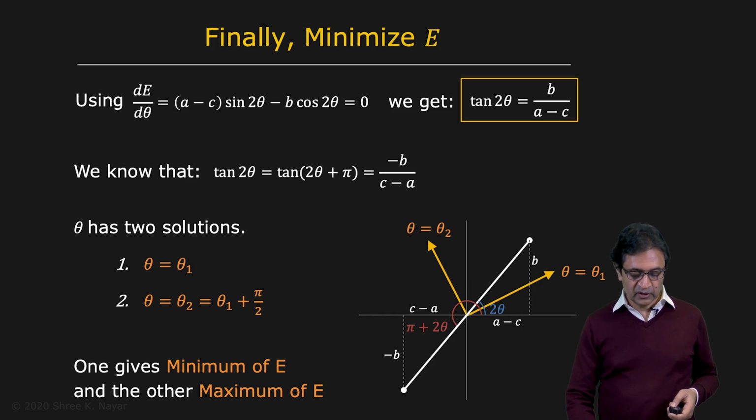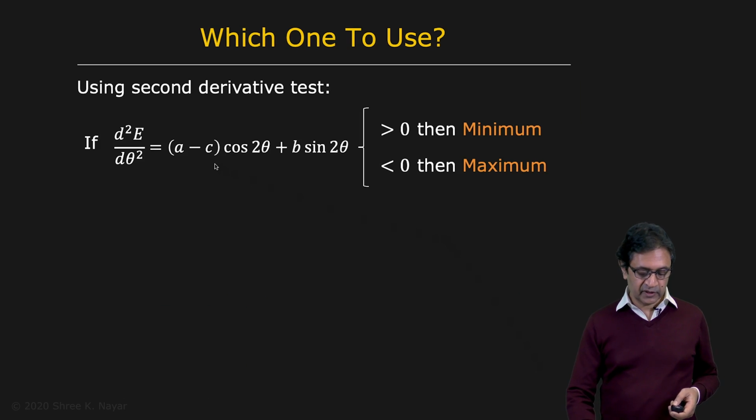So what do we do? Well, we know how to do this. We take the second derivative of E with respect to theta. And when the second derivative of E is greater than 0, we know that we have found the minimum. And the theta for which it is less than 0 is the maximum.